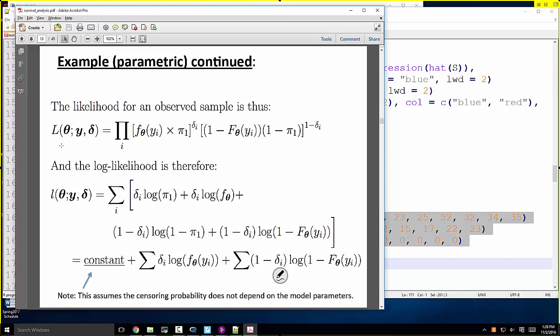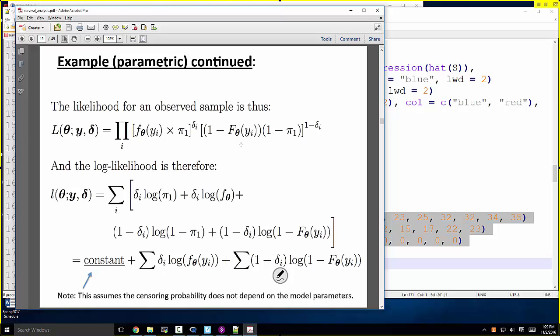The challenge with censored data is I have some individuals who were observed to die at a specific time. So if I have some density, PDF, that I think applies, a likelihood would be the product of the densities evaluated at our observed times. But some of our individuals were censored.